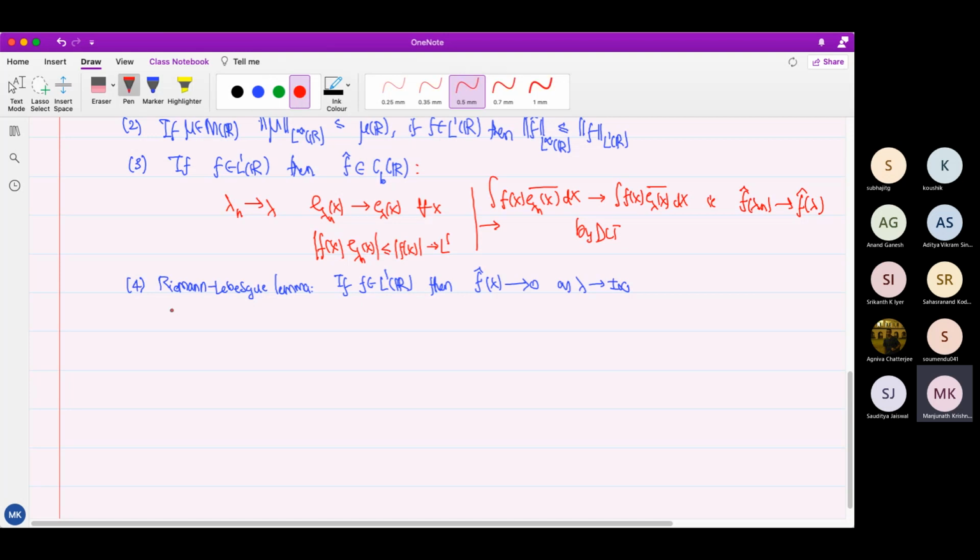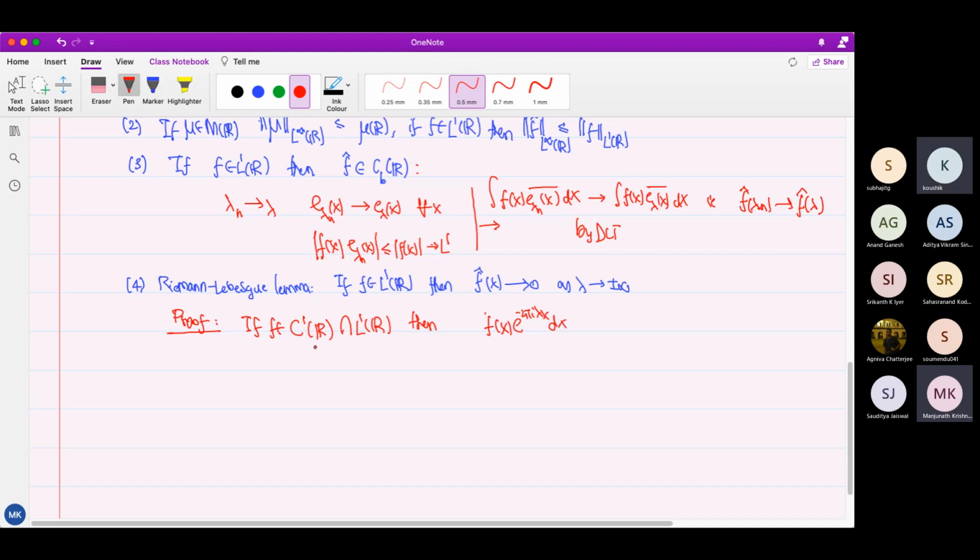The proof is almost identical to the earlier case, but this is just once, let me write. Okay. So again, if f is also smooth, then what you can do is look at f of x e to the minus 2 pi i lambda x dx.